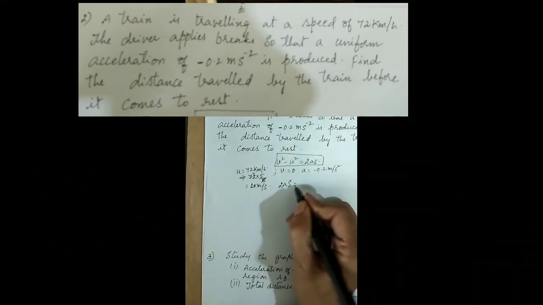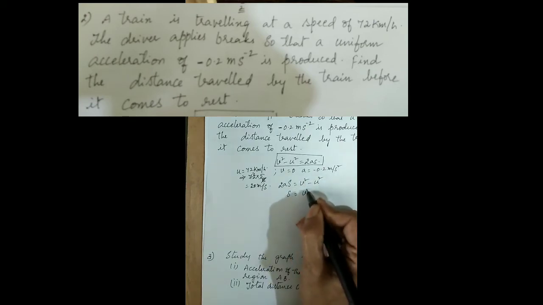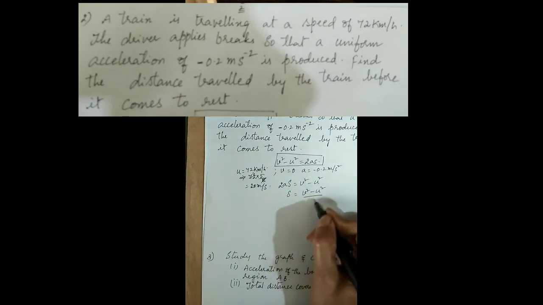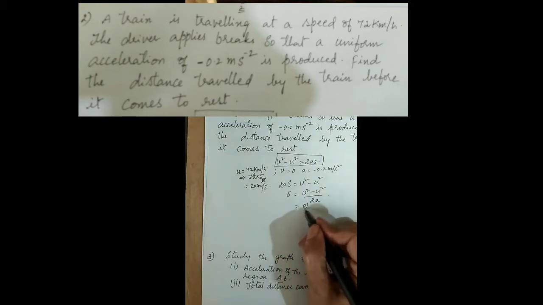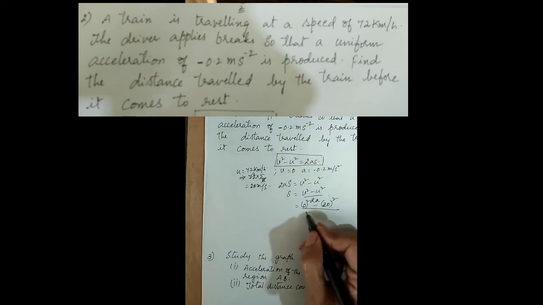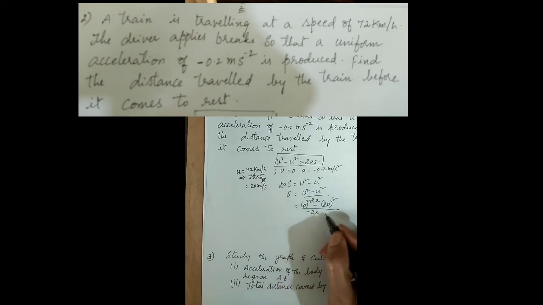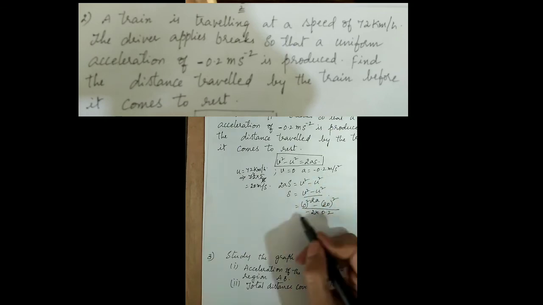s is equal to v square minus u square by 2a. First convert the formula, then 0 whole square minus 20 whole square by minus 2 into 0.2, because this is retarding acceleration.